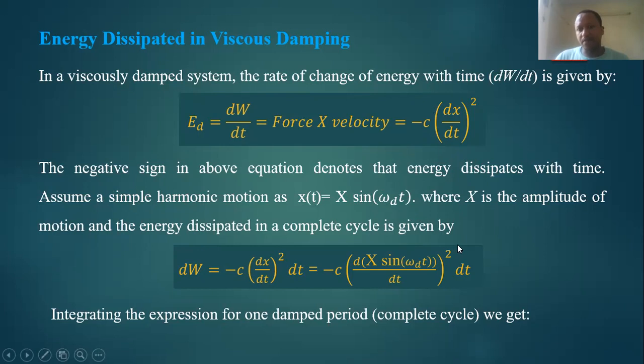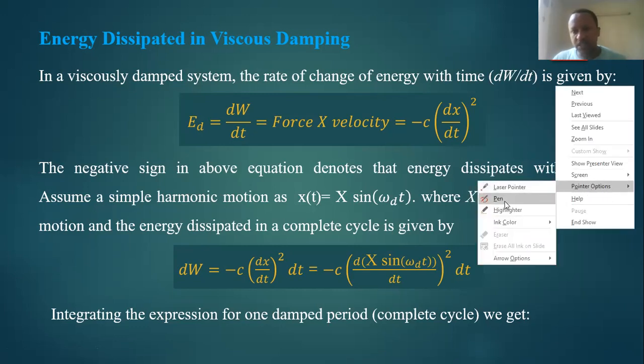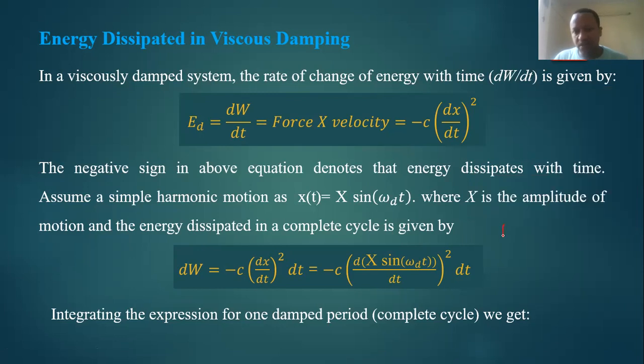This omega_d we already defined, which is equal to omega_n times the square root of (1 minus zeta squared). So omega_d is equal to omega_n, the natural frequency, times the square root of (1 minus zeta squared).